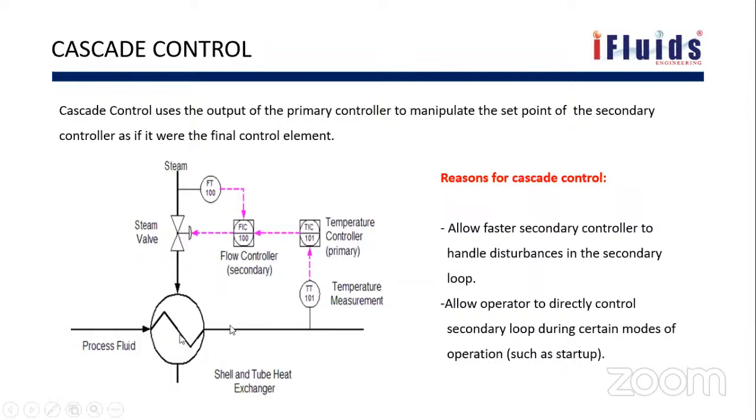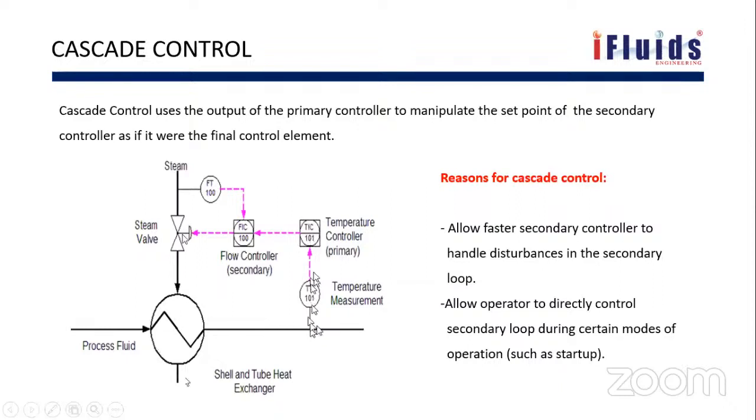Here you have a process fluid. It's a shell and tube heat exchanger where steam is injected to increase the temperature of the process fluid. Now, the main control variable which I need to control is the temperature of the process fluid. This temperature is controlled with the help of steam.